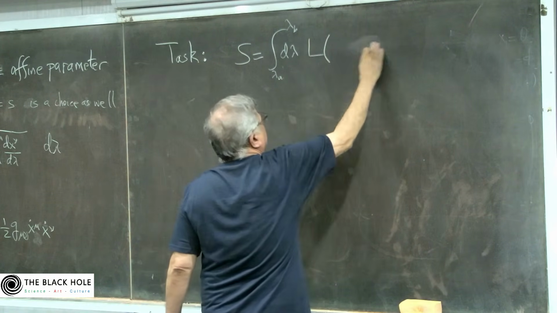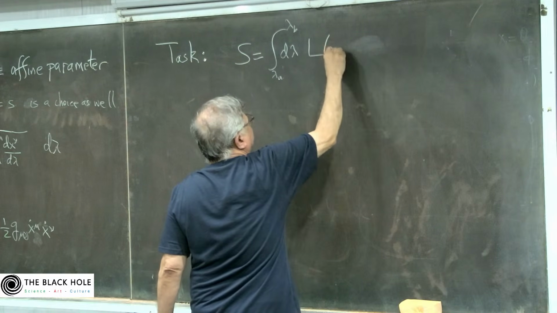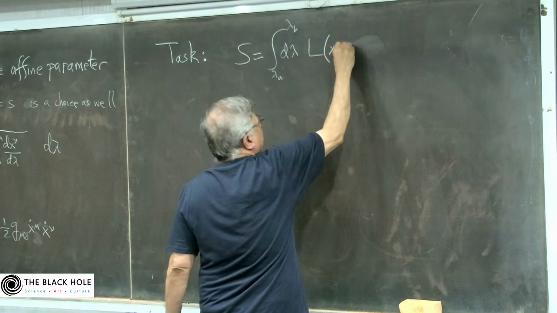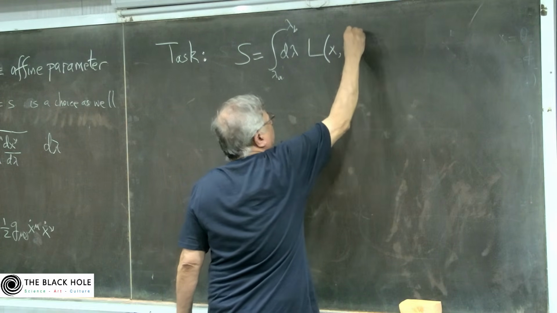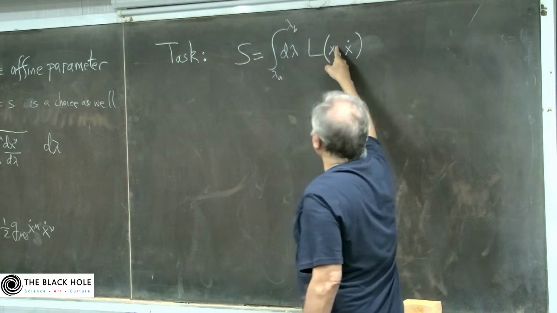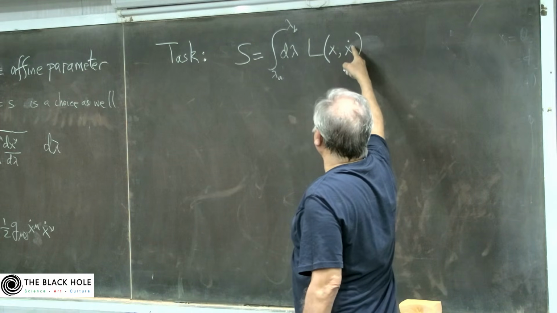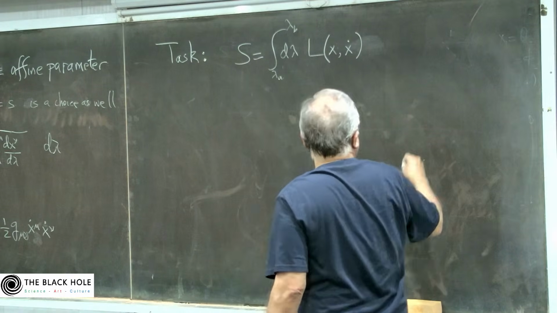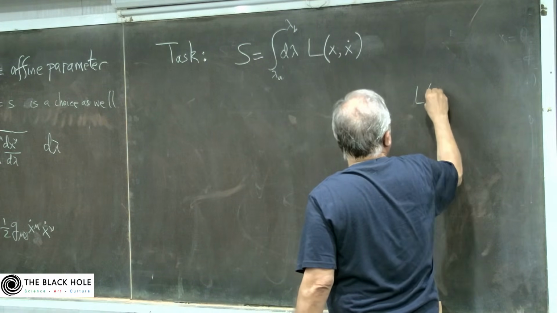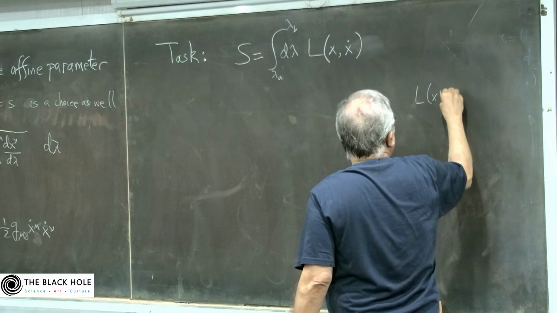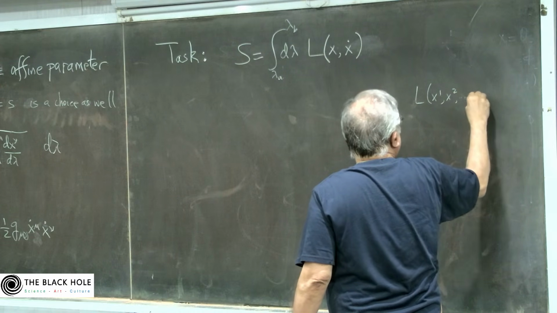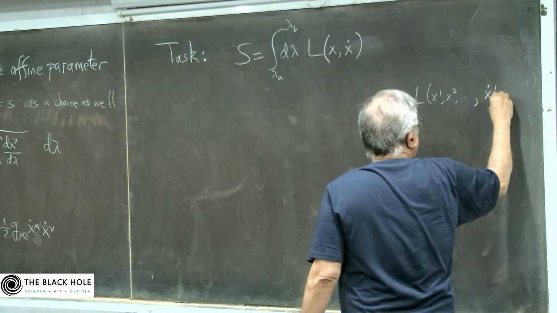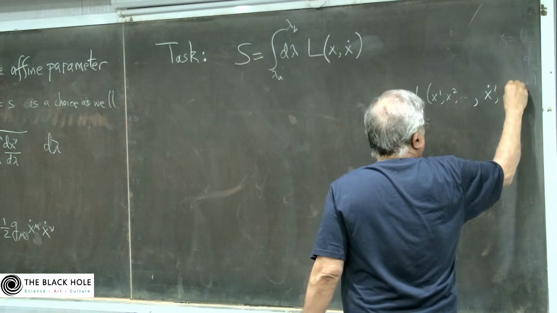And L is a function of x and x dot. So I could put over here mu and over here mu also. It's understood that L is really a function of x1, x2, and then a function of x1 dot, x2 dot.